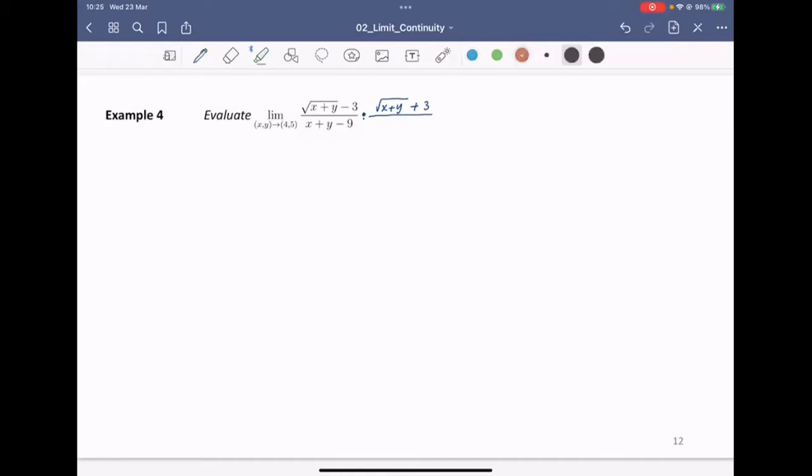Sounds good? For this term, I swap the sign so I get its conjugate. I hope that if I multiply by the conjugate, the numerator will be in a nice form and I can compute it. When you multiply square root of x plus y plus 3 on the top, you also need to multiply square root of x plus y plus 3 on the bottom as well.